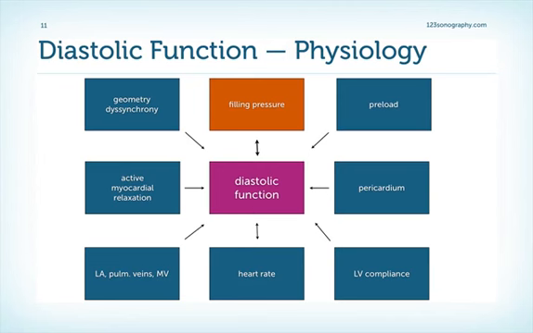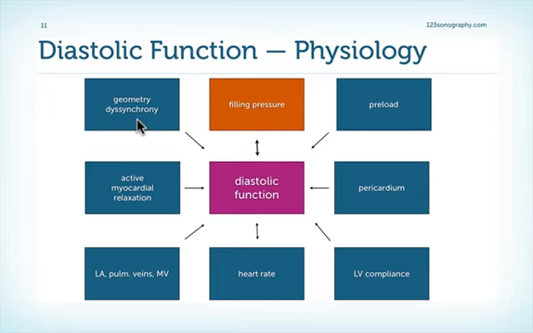But before we go into detail on how to quantify and measure diastolic function, I want to show you what diastolic function actually is. In most cases, what we're measuring is actually filling pressure. So diastolic function is closely related to filling pressures.